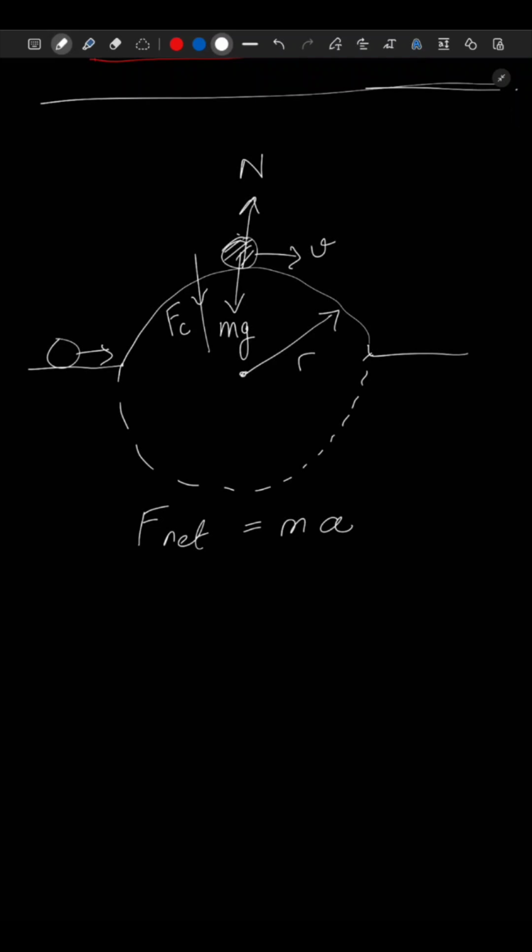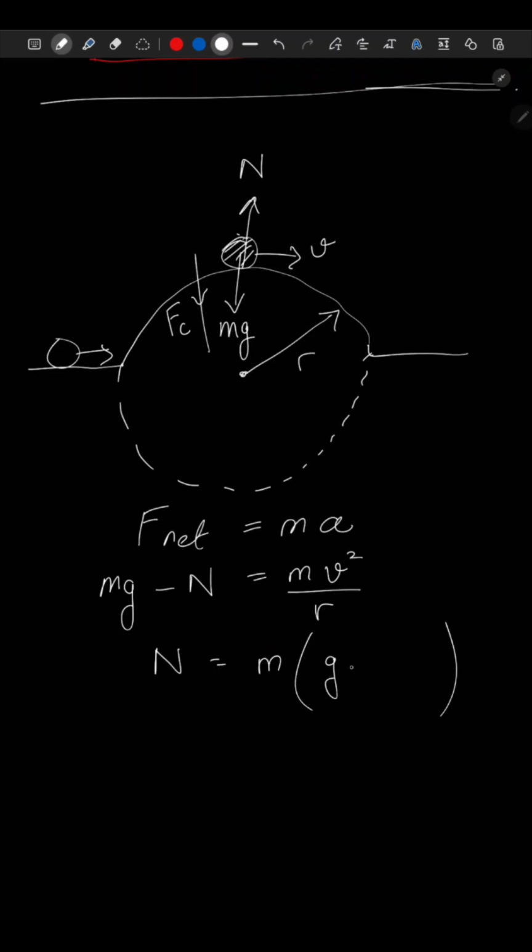Therefore, the net force is mg minus the normal force, and this is equal to m times the centripetal acceleration, which is v squared divided by r, the radius. To calculate the normal force, N equals m times g minus v squared over r.